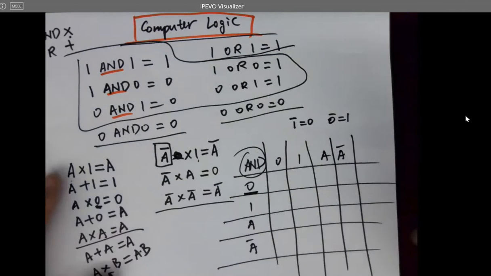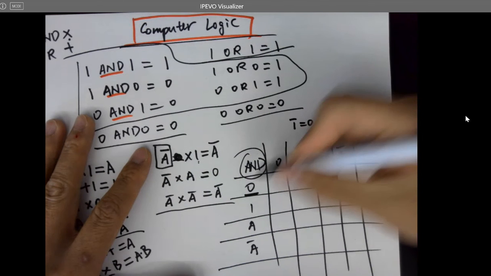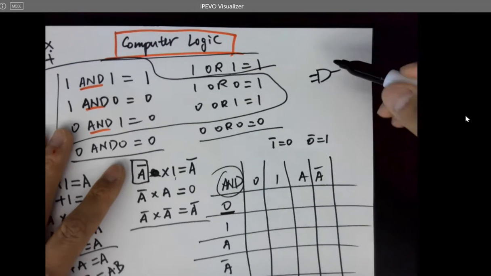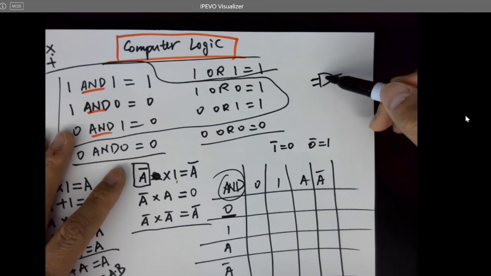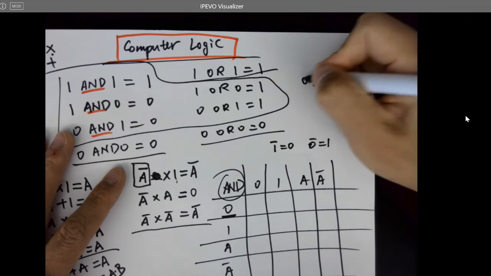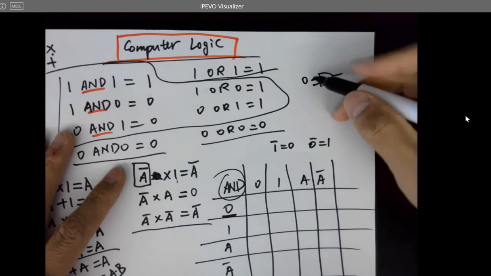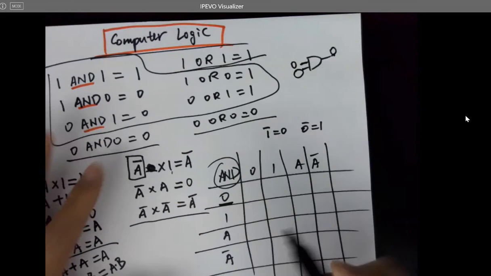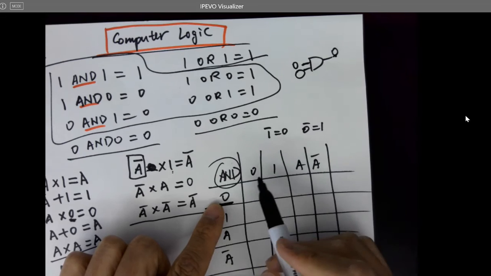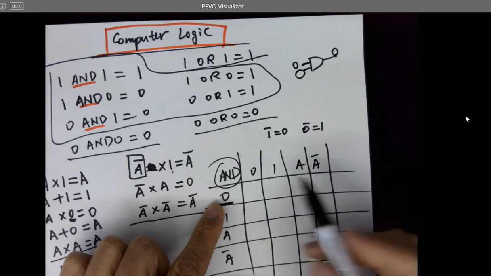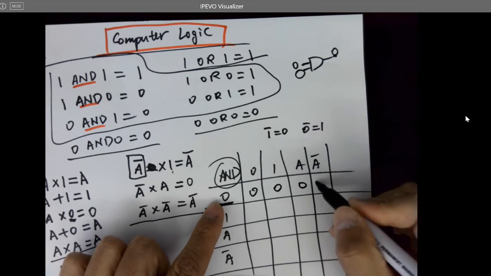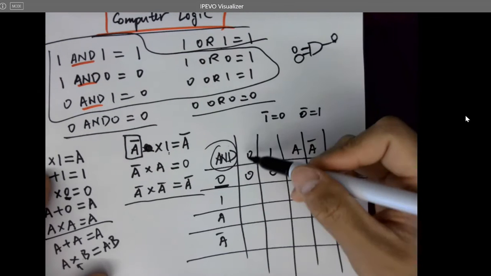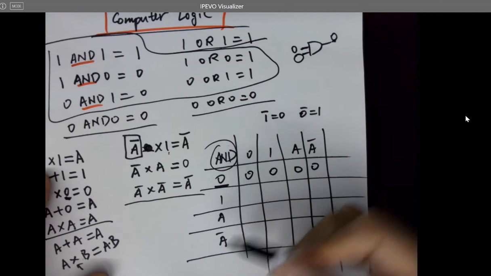Here's the AND gate as a circuit symbol, it's doing an AND operation. If you got a 0 as one of the inputs, whatever the other is, you're getting 0. So you don't even need to look at it. Is that correct? Same for this column. When 0 is being ANDed with anything, you are getting zeros.